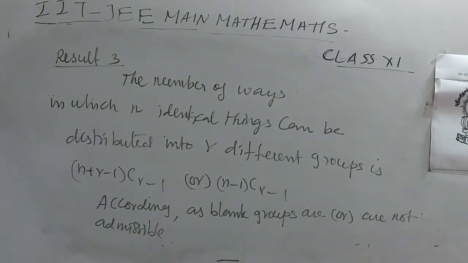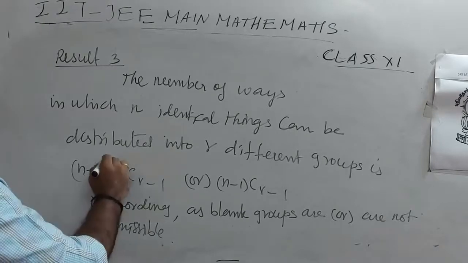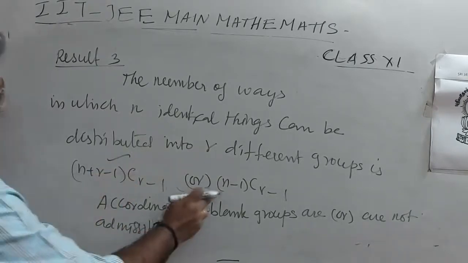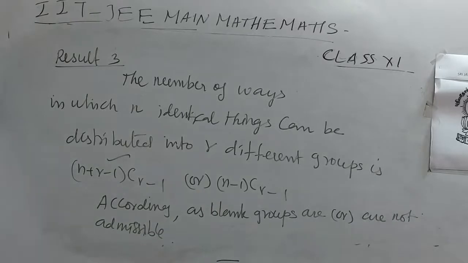If blank groups are admissible, you can apply the first formula. Otherwise, you have to apply the second formula.